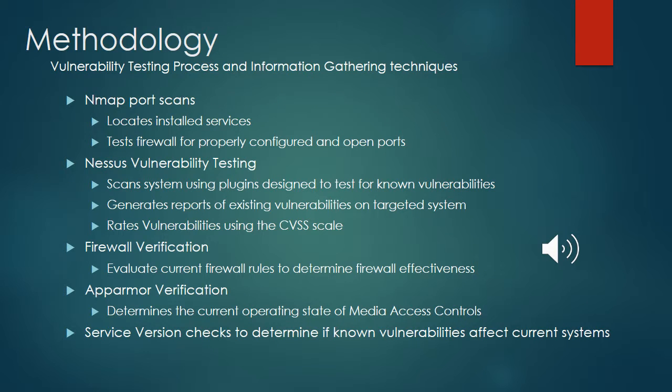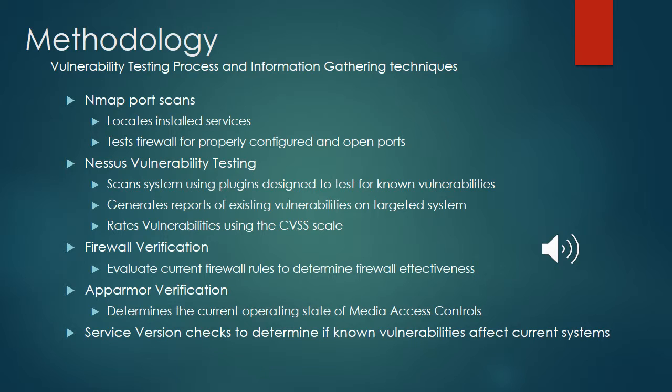Next, I will move on to the methodology that was used to assess and test these server systems for known vulnerabilities. First off, there was the Nmap port scanning tool. This was used to target the servers directly and locate installed services via open ports.